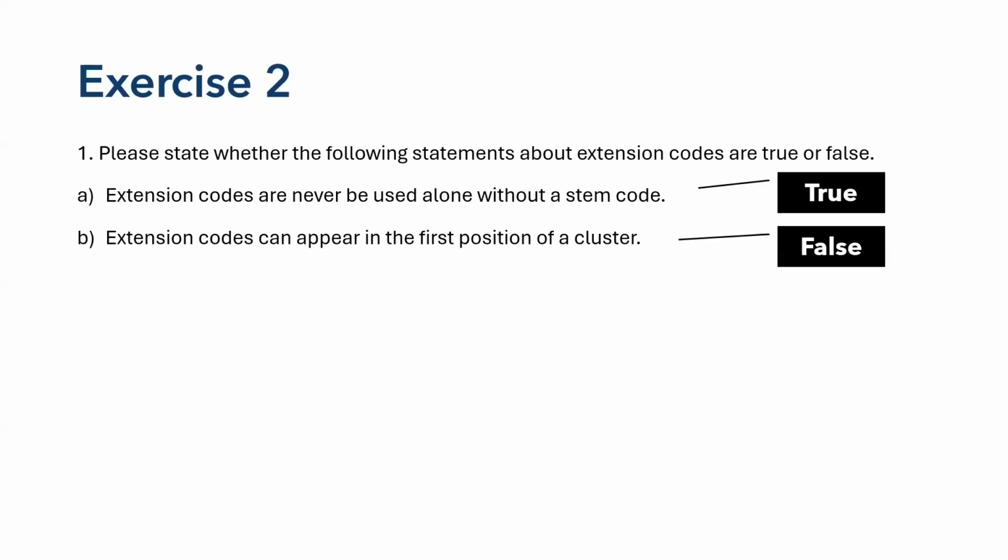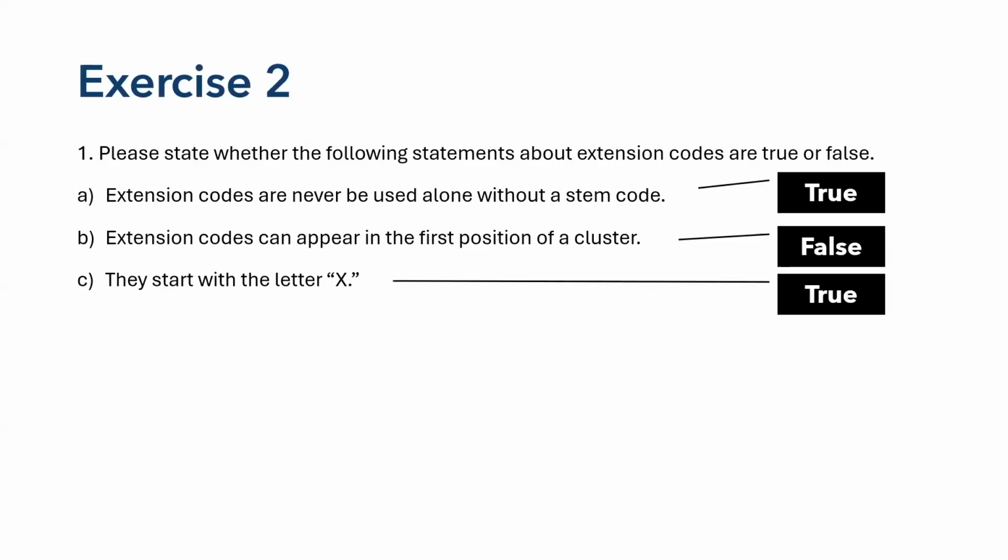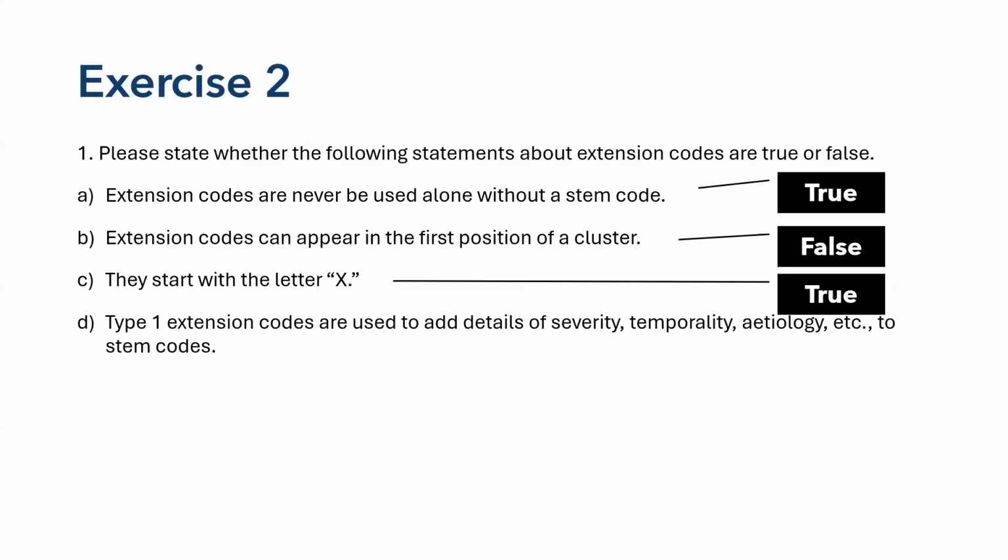This is not correct, because they will never appear in the first position of a cluster. C, they start with letter X. That's true. The first character of an extension code is X.